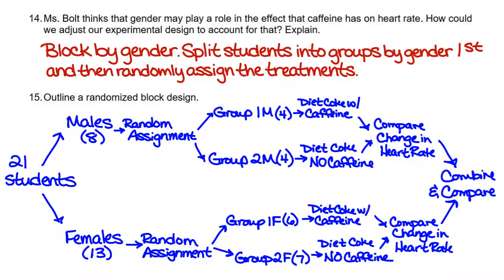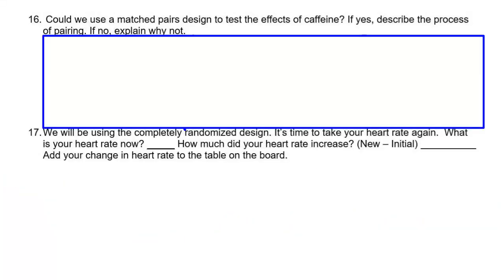Let's flip over to page 31. Could we use matched pairs to test the effectiveness of caffeine? Would that be possible? Yeah, I could have used matched pairs.